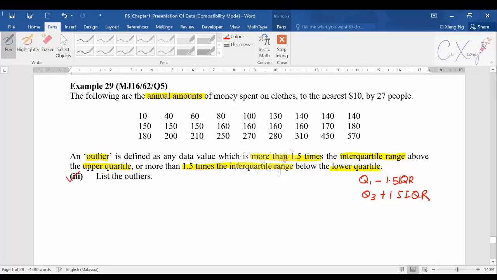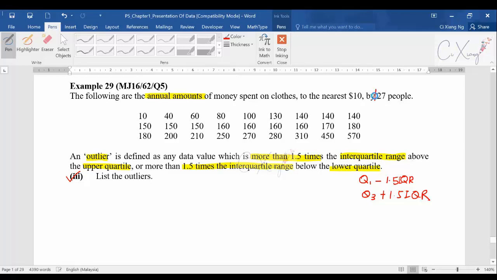This question originally had part 1 and part 2 asking about other things, but I just want to focus on the outlier part, so I took out part 3 only. Now they want you to list out the outliers. Before you find the outliers, you need to know the IQR, so you need to know your Q1 and Q3.